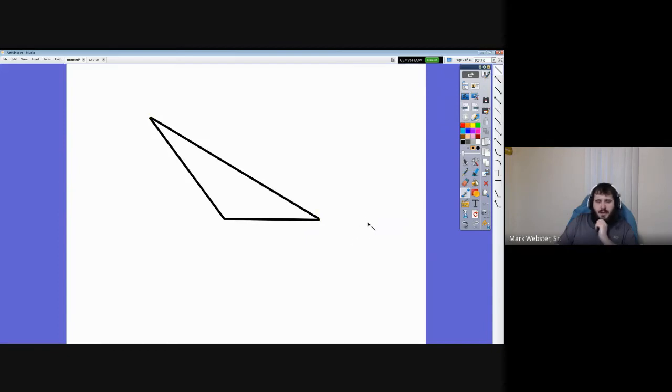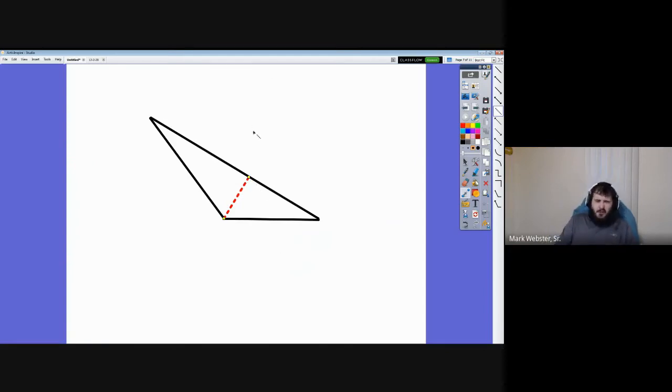So the problem is, okay, some of these I can drop the perpendicular down. That's not a problem. Like here, this side, right? I can drop that perpendicular straight down. Make them dotted lines. A perpendicular straight down like this, right?